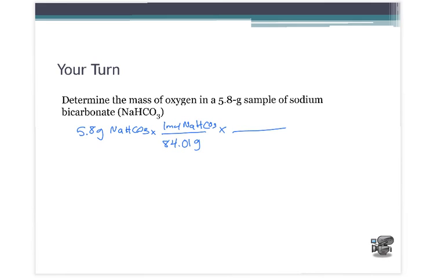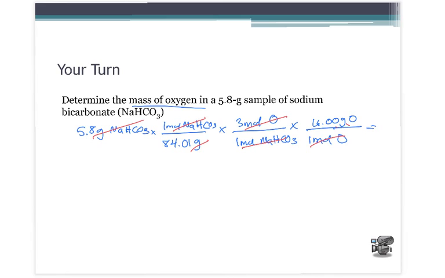Now we're ready to use the formula as a conversion factor. So we know for every 1 mole of NaHCO3, there's 3 moles of oxygen. And we don't stop there because we want to know the mass of oxygen. So for every 1 mole of oxygen, I have 16.00 grams of oxygen. All right, you see now my grams cancel out for sodium bicarbonate, my moles cancel out, my moles of oxygen cancel out, and I'm left with grams of oxygen, which is exactly what I'm looking for.